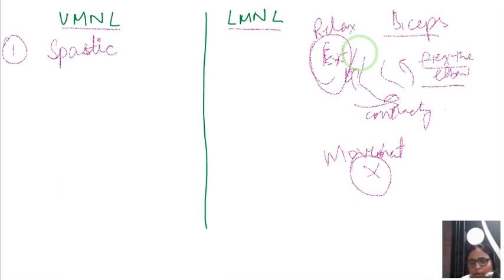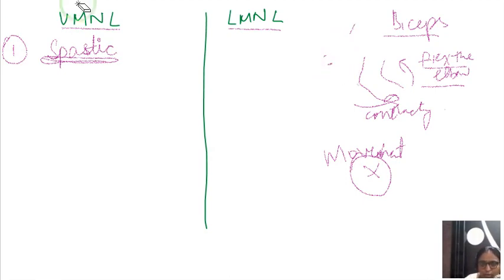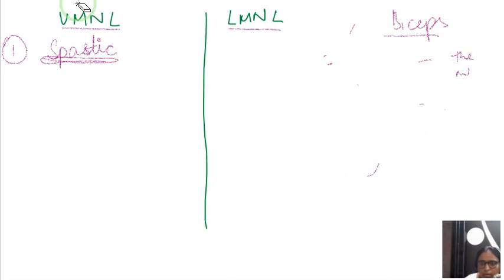If it is not relaxing, the movement would not happen. The same happens in spasticity: both the agonist and the antagonist are contracting, so the patient will present as spastic. I hope it is clear.